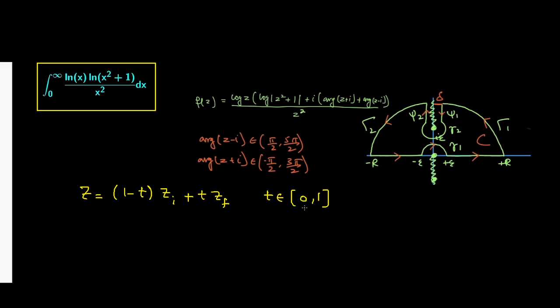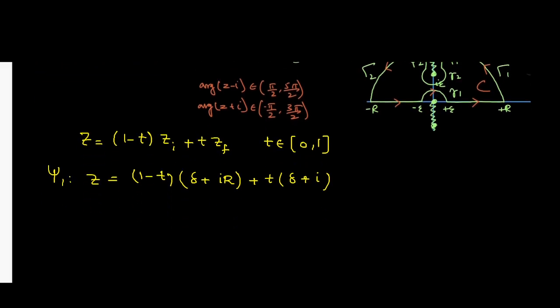So for example, for psi1, the initial point is delta plus I times cap R, and the final point is delta plus I. So for psi1, we can write the parametric equation as 1 minus t times delta plus I times R plus t times delta plus I.